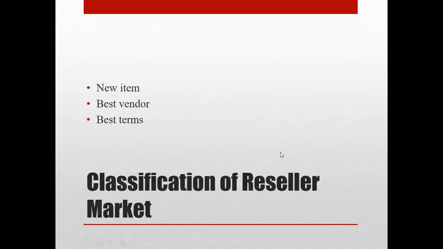So you can classify the reseller market in 3 ways. You understand? Either the reseller is creating a new item out of what it is reselling, like the face mask people. They are creating a new item.